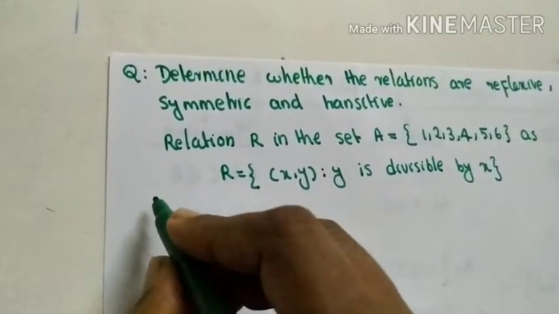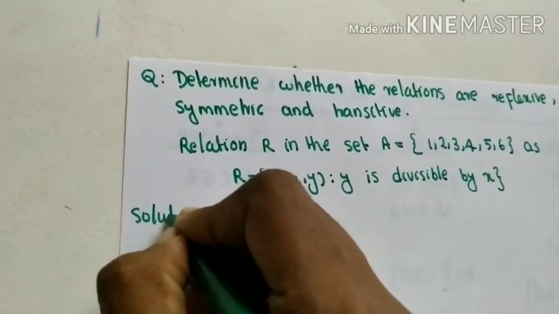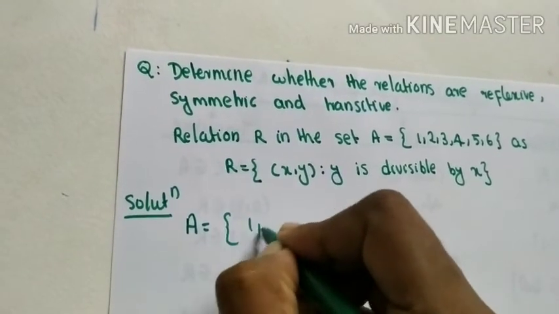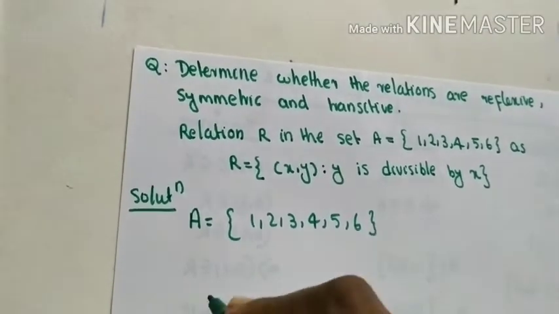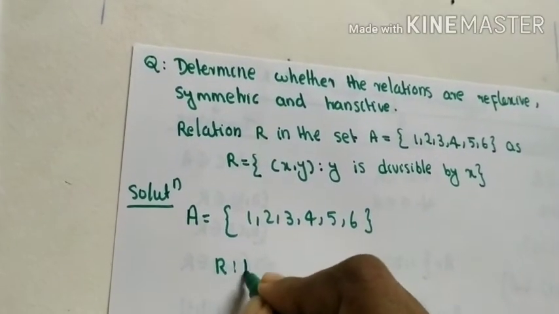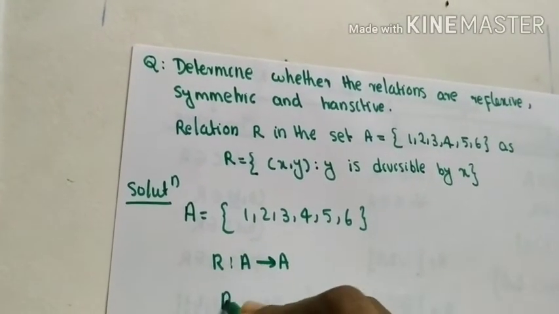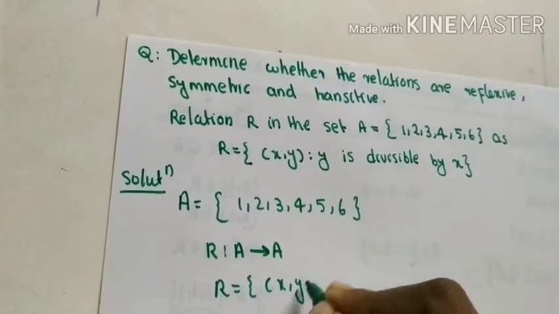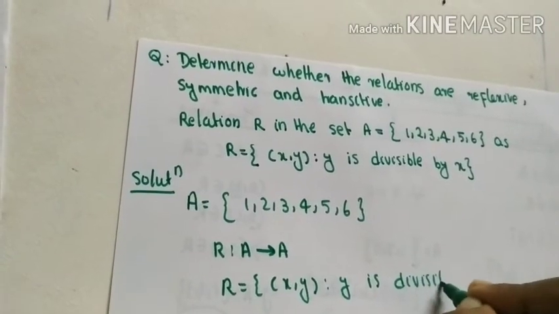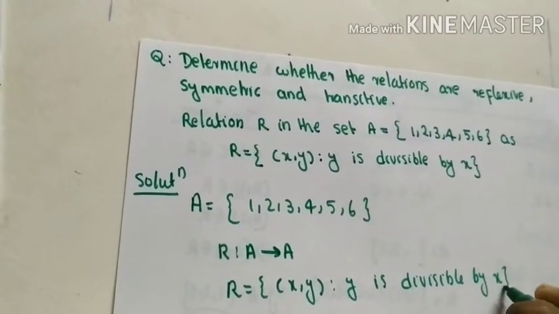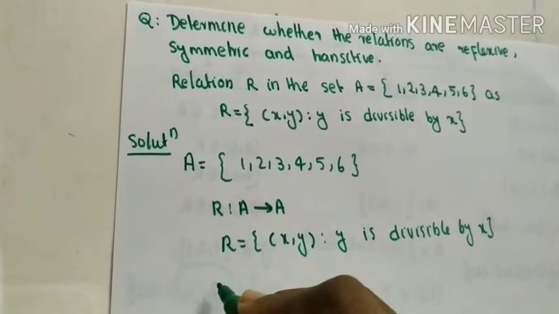Given that set A equal to {1, 2, 3, 4, 5, 6} and the relation from A to A is defined as the ordered pair (x, y) such that y is divisible by x.